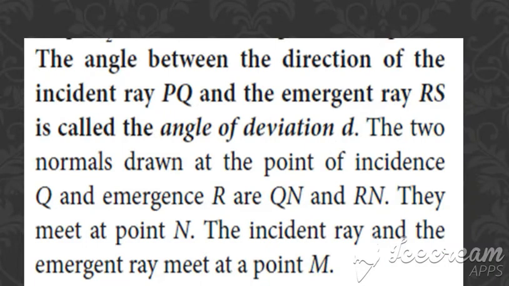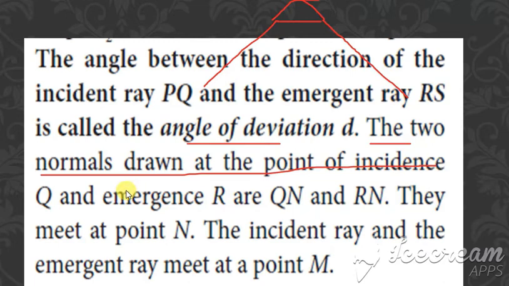So here we have the definition of the angle of deviation: the angle between the direction of the incident ray and the emergent ray. As I have told you, this is the angle between the incident and the emergent rays, and that is called the angle of deviation.